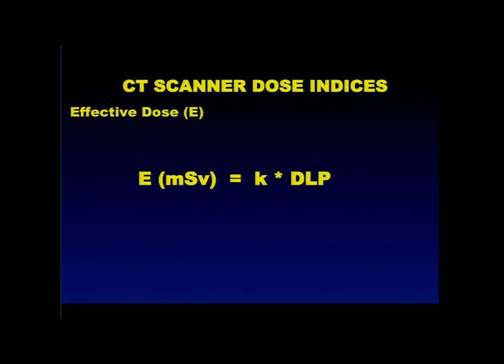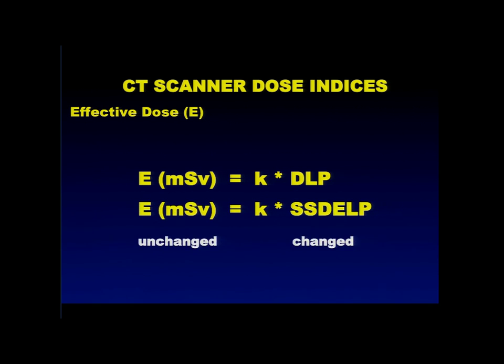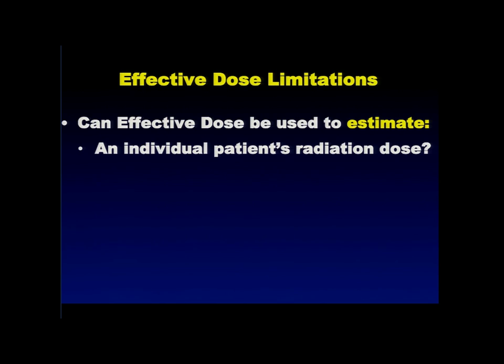We took a look at what the DLP was and said, what do we have to make the constant so that I multiply the constant times the DLP, I get the right effective dose? So I'd have to come up with new K factors if I was going to use CDELP instead of DLP to calculate effective dose. So effective dose is not changed by using SSDE, and obviously DLP is changed if we use SSDE, so the K would have to change.